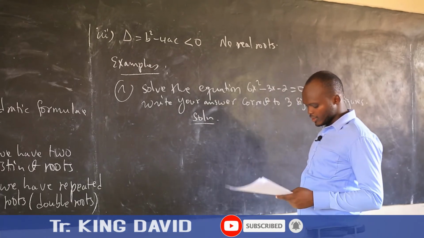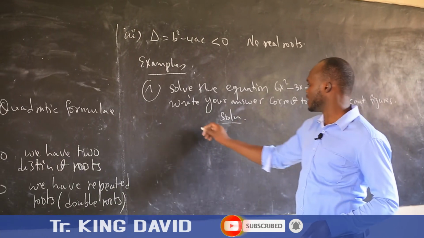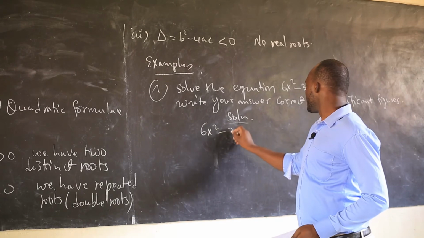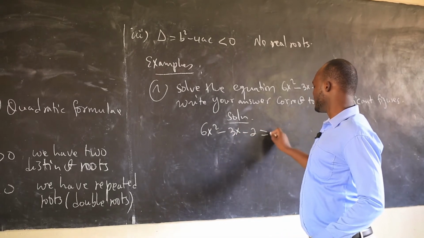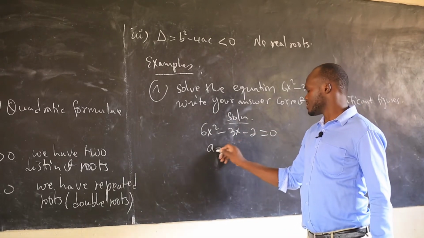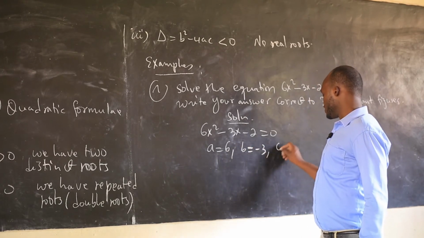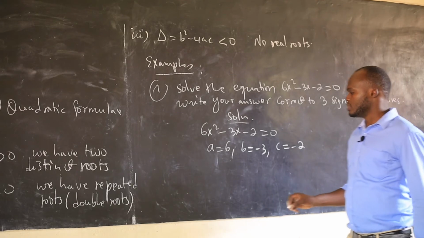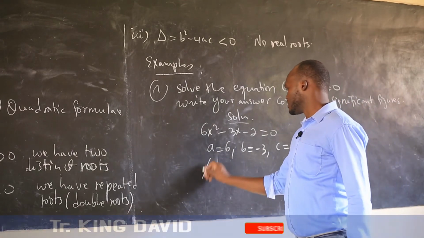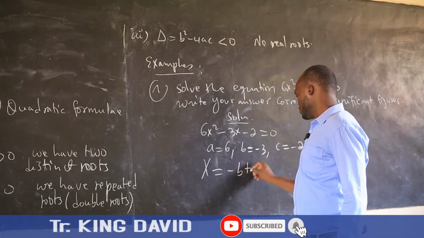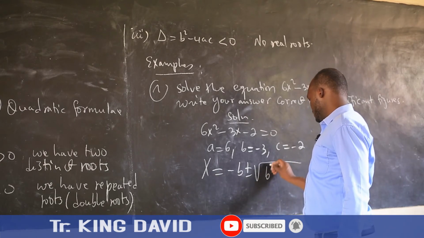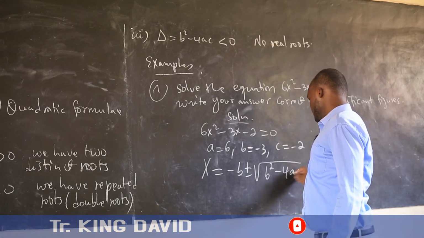We're going to solve it. We have 6x squared minus 3x minus 2 equal to 0. So our a is 6, our b is negative 3, our c is negative 2. So use the quadratic formula, x equal to negative b plus or minus the square root of b squared minus 4ac, divided by 2a.